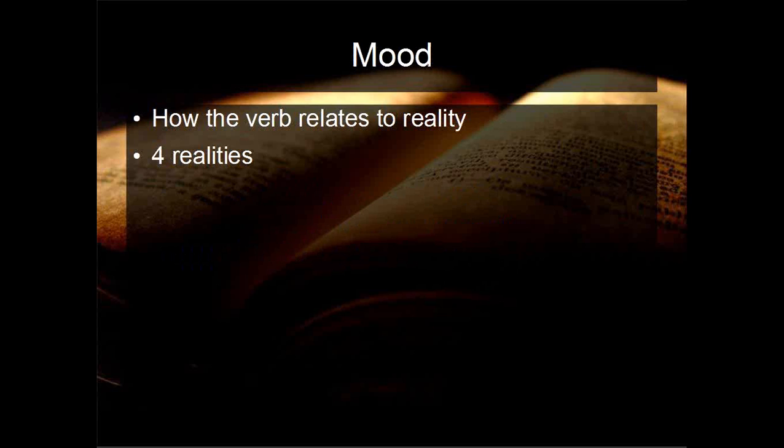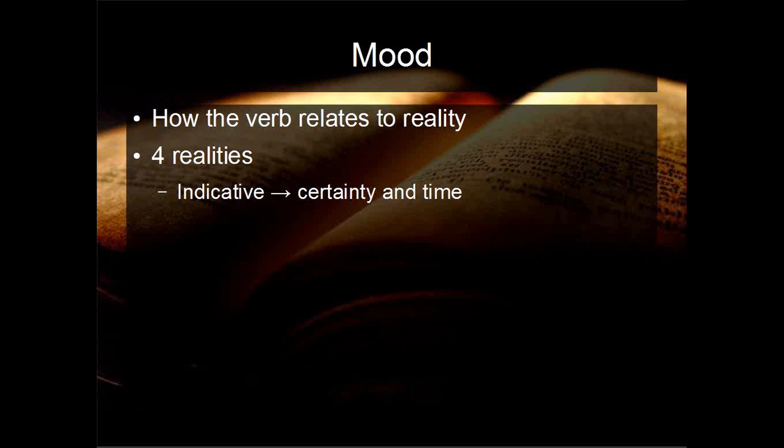This is grammatical reality, the way that it works within this realm of understanding, okay? And in grammar, especially Greek grammar, there's 4 realities, okay? So the first reality is known as the indicative mood, okay? This reality or this realm is certainty and time.